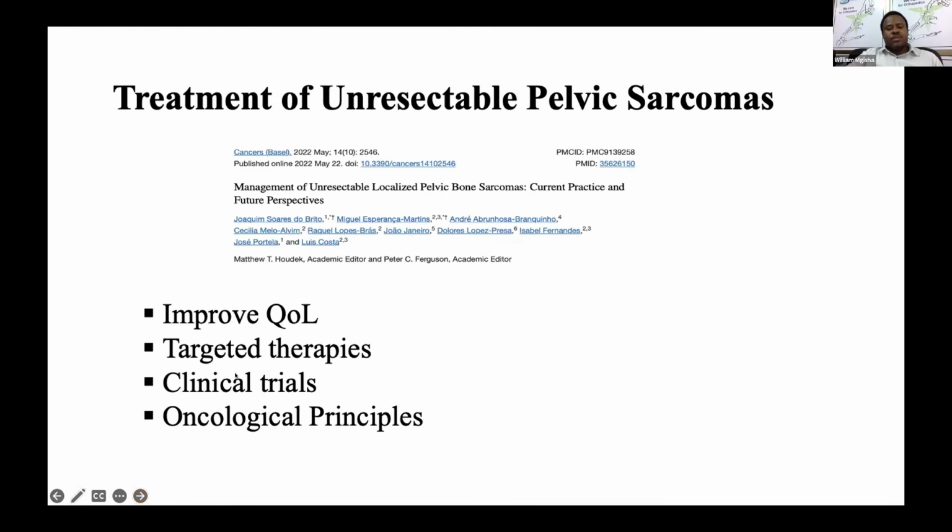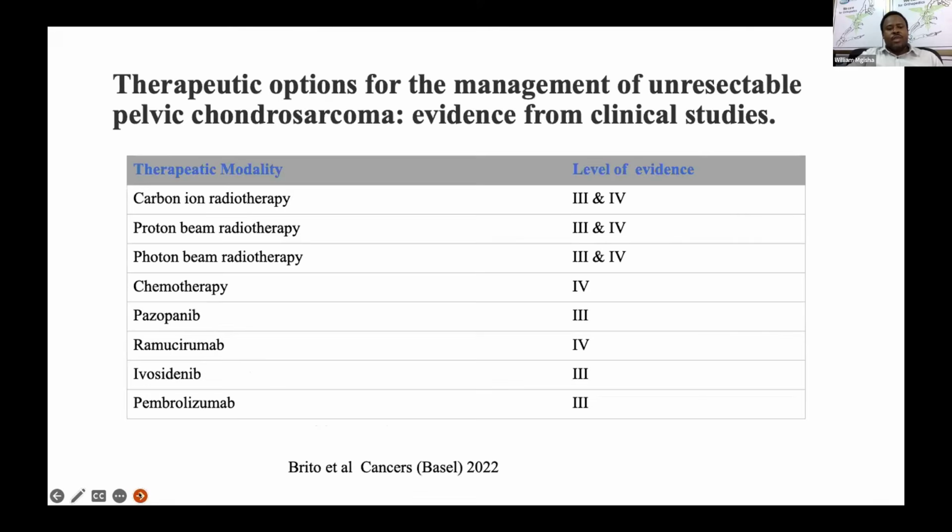There's increasing evidence on targeted therapies, developing clinical trials and improved oncological principles, which have overall improved the care of these patients. We have level 4 and level 3 evidence in the literature on carbon ion radiotherapy, proton beam radiotherapy, chemotherapy, and targeted therapies.